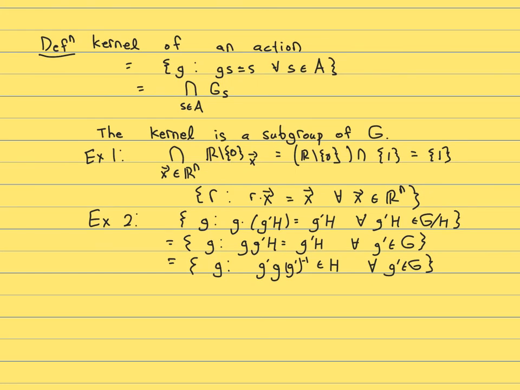Now we take our example 2 that we had earlier. This is where G acts on the set of cosets by left multiplication. And what is the kernel? It's the set of group elements g, such that when you multiply by any coset, you get the coset back.